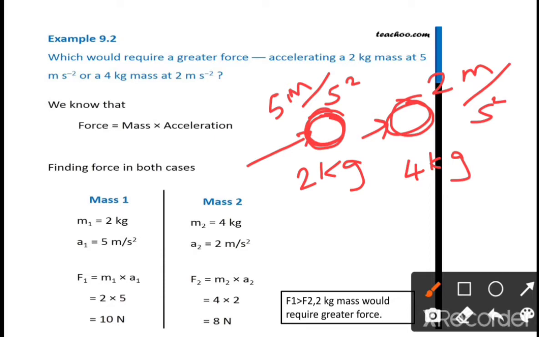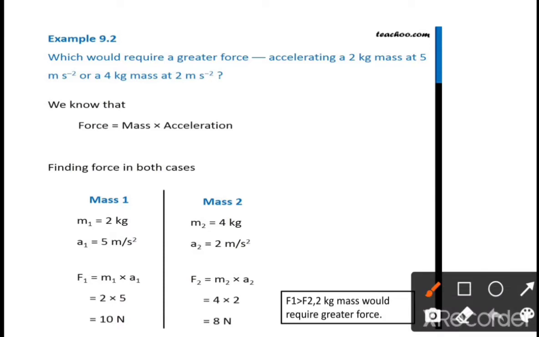For finding force, you know that force equal to mass into acceleration, F equal to ma. For finding force in both cases, mass 1 and mass 2: m1 is 2 kilogram, a1 is 5 meter per second square. So F1 equal to m1 into a1. The value of m1 is 2, the value of a1 is 5. 2 into 5, 10 Newton. And for mass 2, m2 is 4 kilogram, a2 equal to 2 meter per second square.